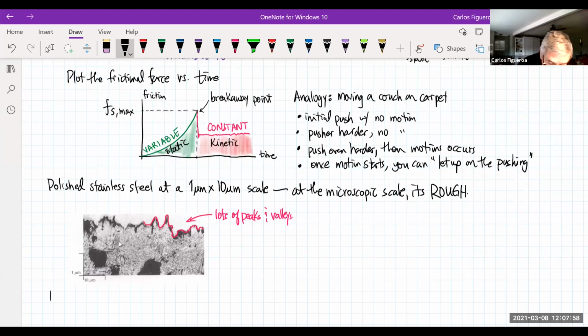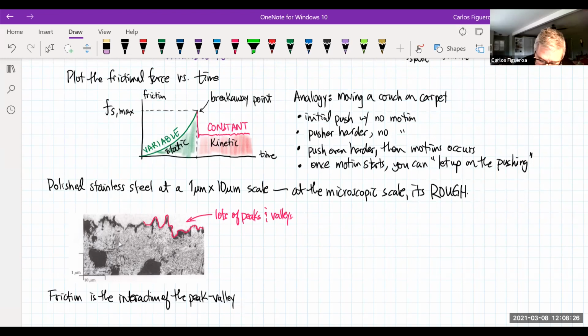So friction is the interaction of the peak and valley, the interaction between peak and valley of two different materials.